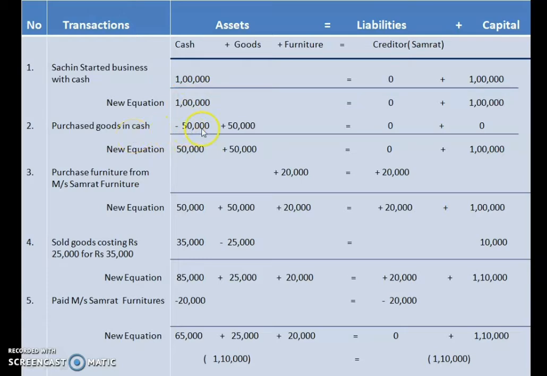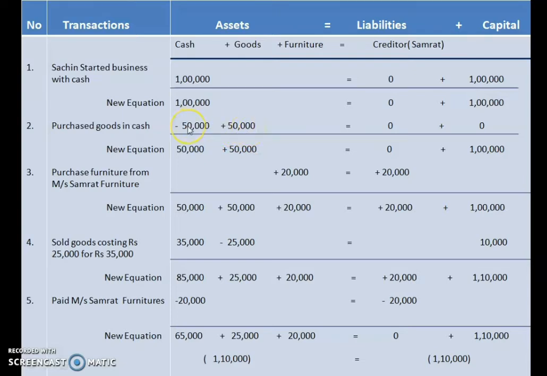So less 50,000. But you can see that when you purchase goods, those goods are coming to your business. So add one more item under your assets, that is goods. And goods valuing 50,000 are coming in the business. So make it an addition of your goods, 50,000 is coming in your business.